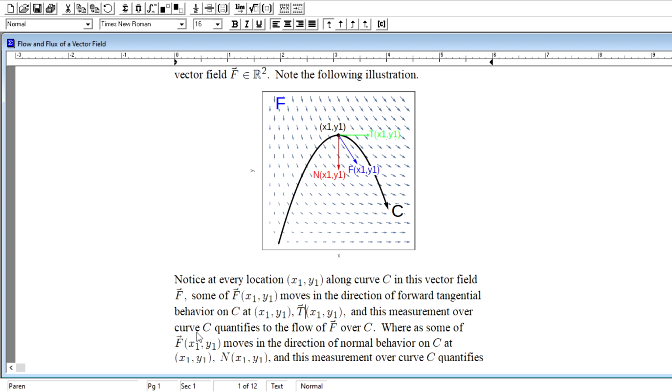And this measurement over curve C quantifies to what we call the flow of F bar over C.